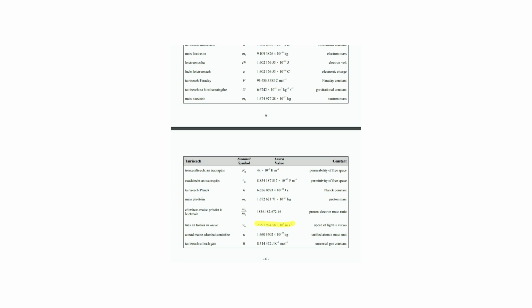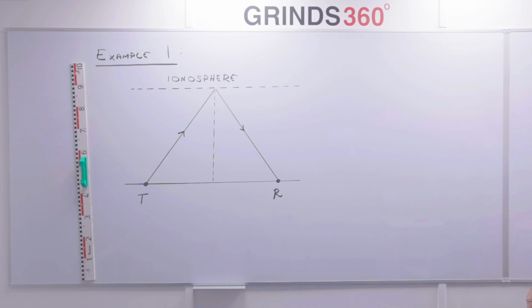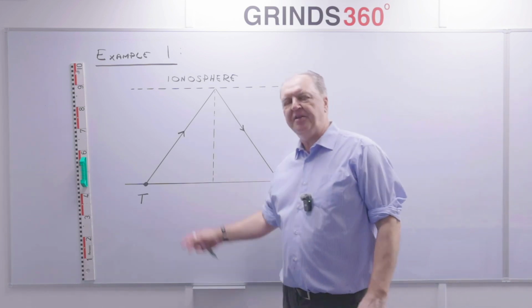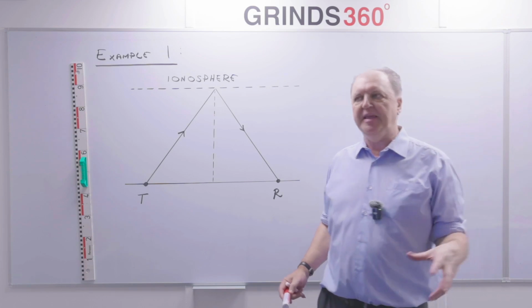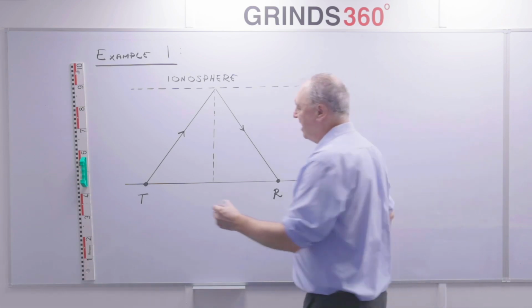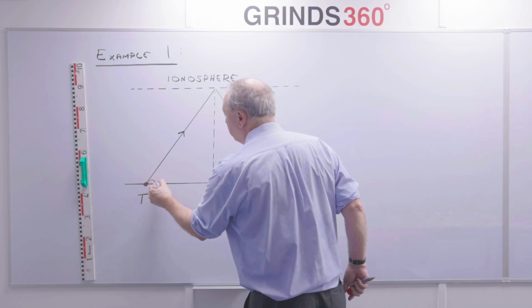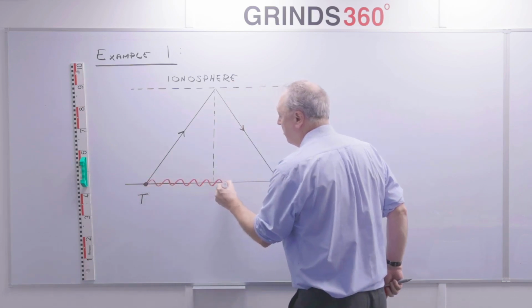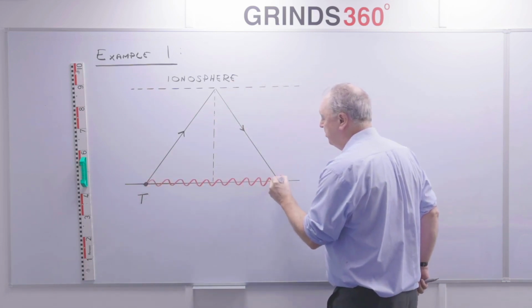So let's have a look at the question. Here's my question again being drawn. I have a transmitter here, and it's going to emit these radio waves. You can't see them. They will travel along the ground like this to the receiver.